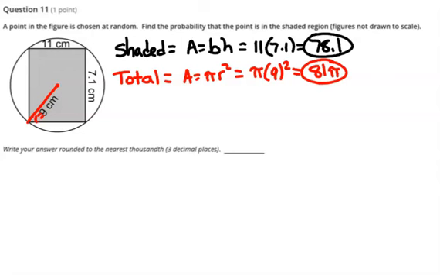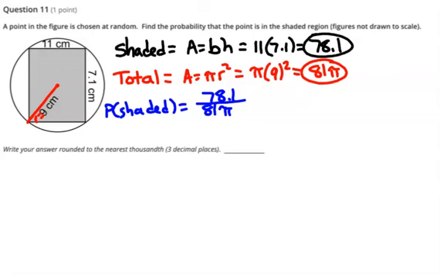So the probability that we hit the shaded part is the area of the shaded rectangle divided by the area of the whole thing. Okay, be careful when you type this in. Make sure you get the same thing as me. If you don't get the same thing as me, then you're probably not using parentheses on the bottom.